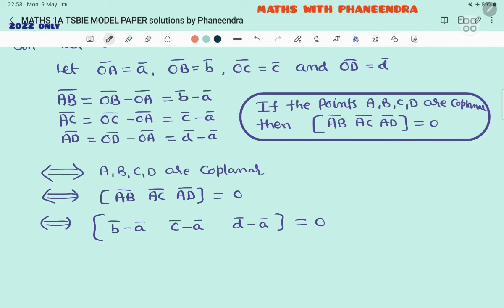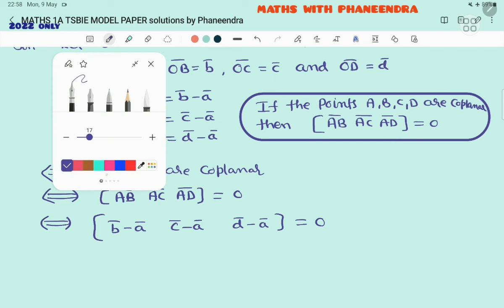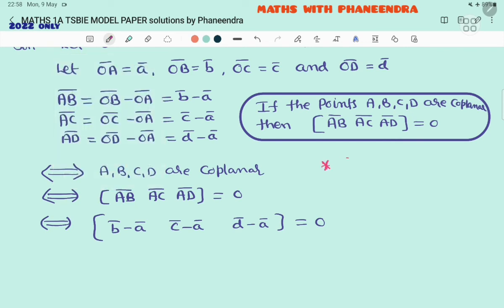So box of A bar, B bar, C bar can be written as A bar dot B bar cross C bar.